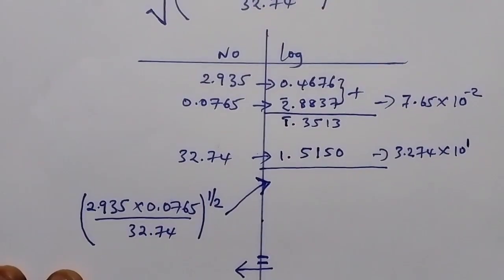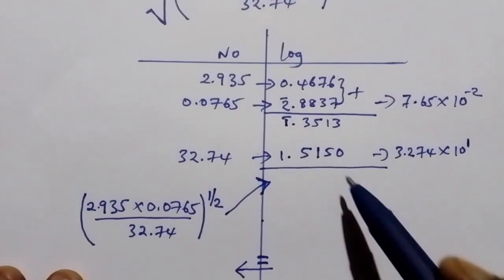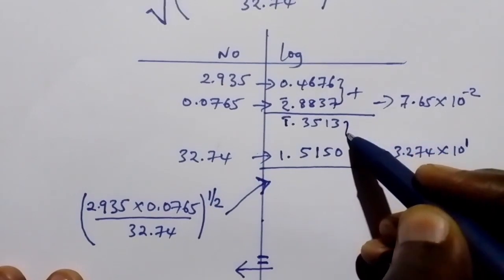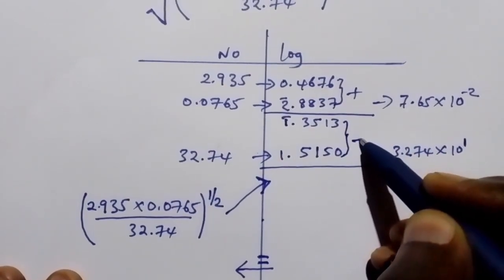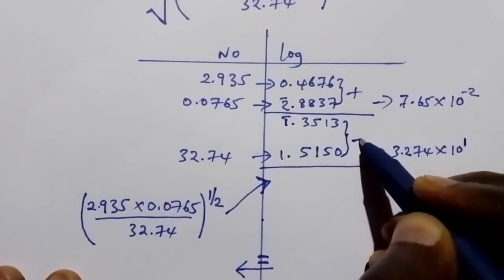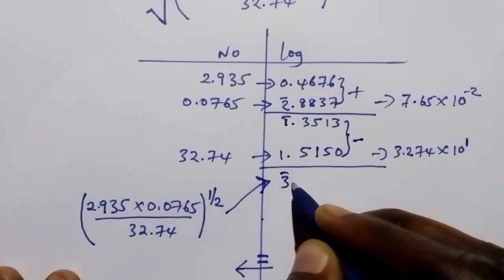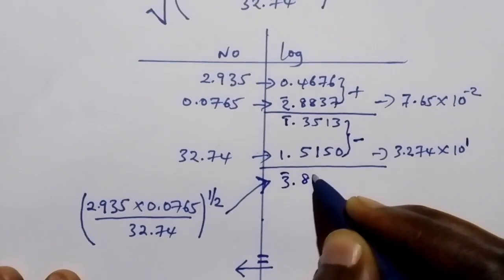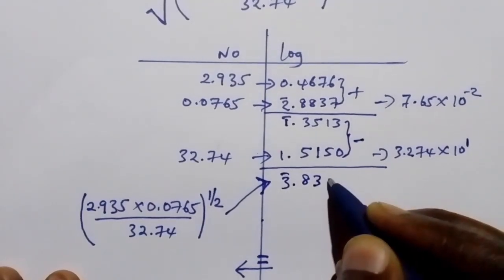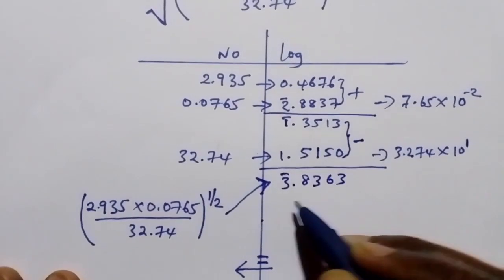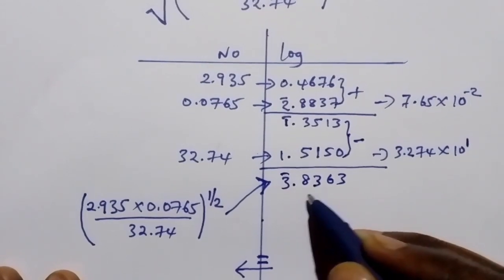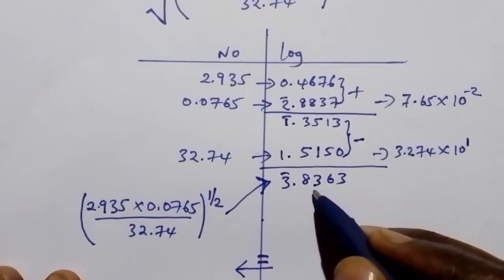So it means that here we subtract, here we subtract. So when we subtract, we end up with bar 3.8363.